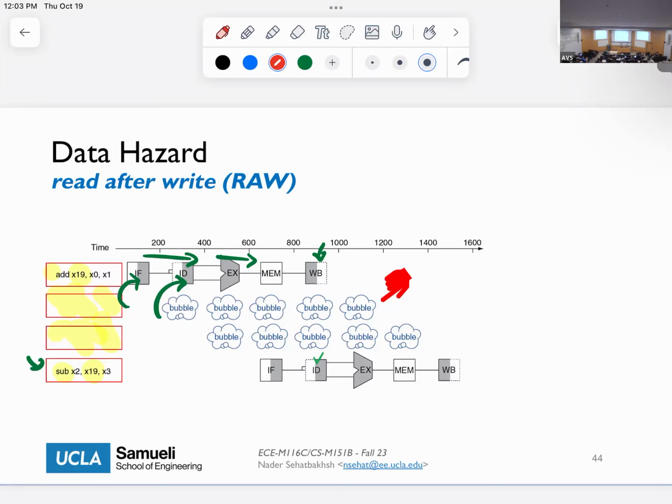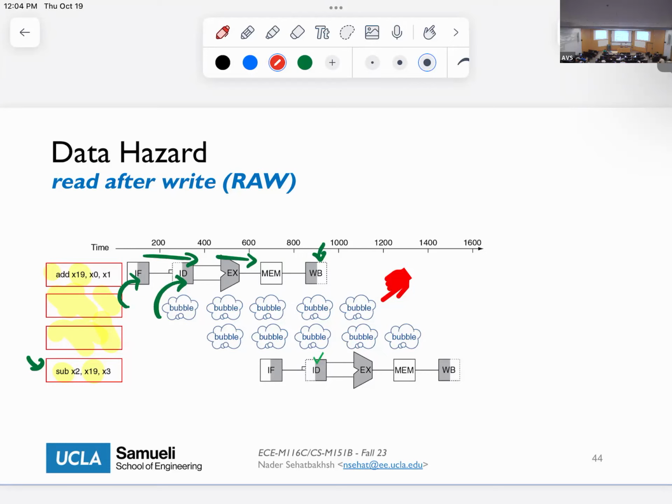And I kind of broke it down into various different types of hazards. Within the data hazards, we also talked about different types, including read after write, which we call RAW data hazard. And then there was write after write, write after read, and read after read. Read after read was of course not a hazard at all.